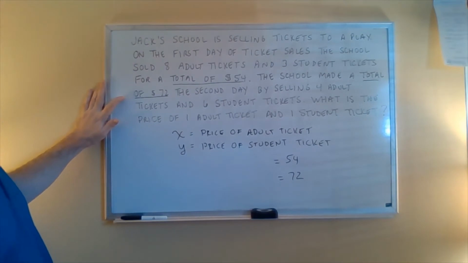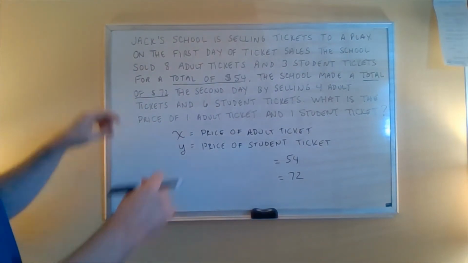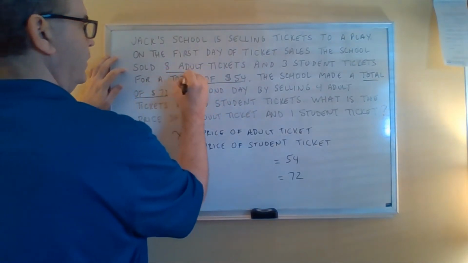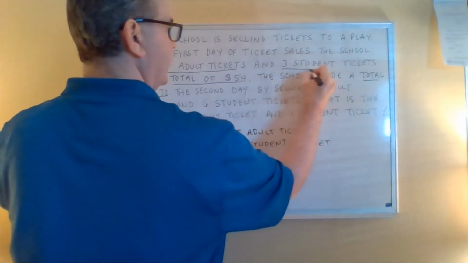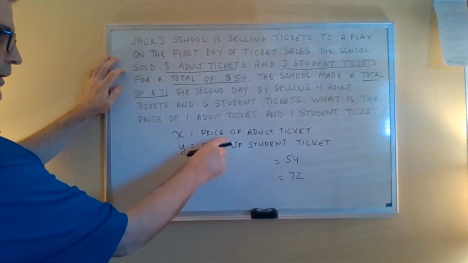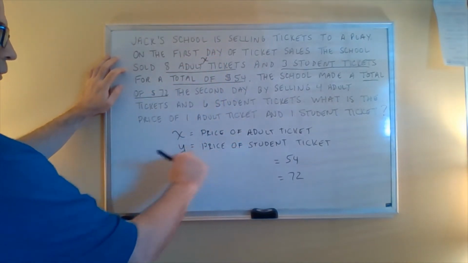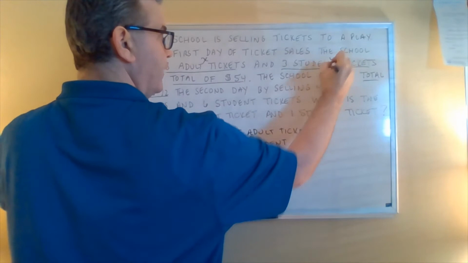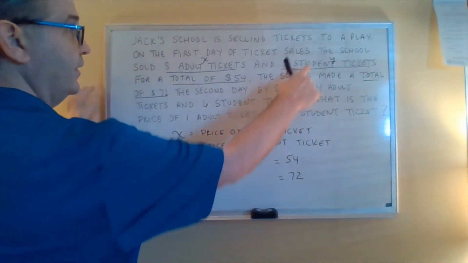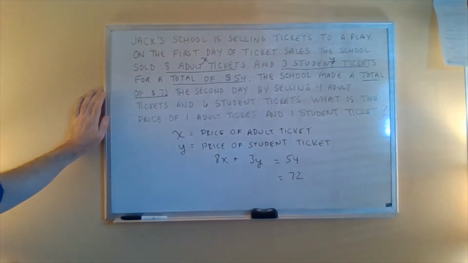All right, so now we have to figure out what makes up 54 and what makes up 72. Well, here's our sentence with 54 in it. What made up 54? 8 adult tickets and 3 student tickets. Our adult tickets were x, and our student tickets were y. So we're going to end up with 8x plus 3y equals 54.